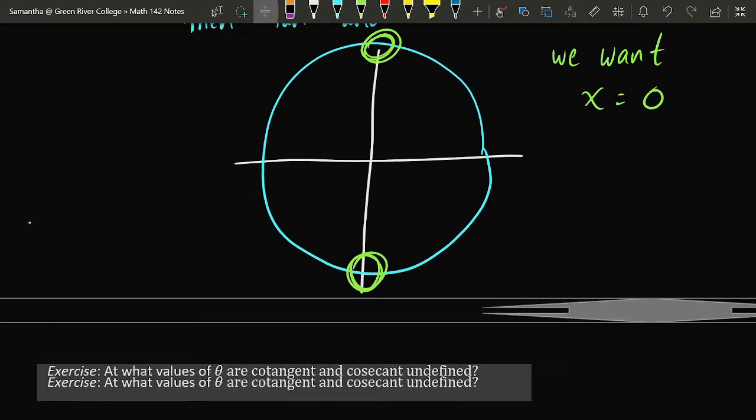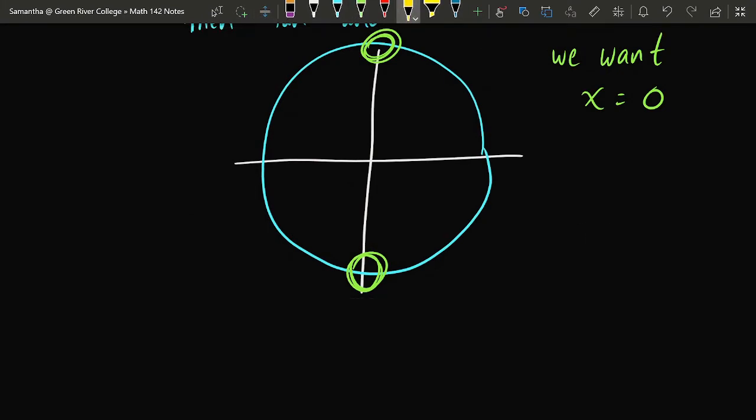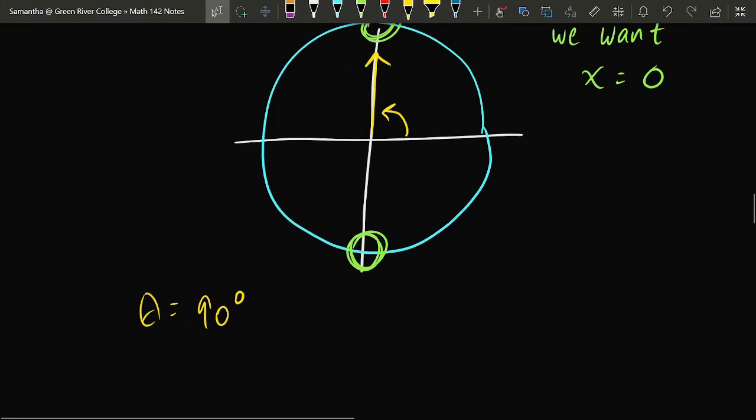So just having a look at the picture, I can identify 2 angles that will lead to these 2 locations, and one is a counterclockwise rotation of 1/4 of a full spin, or in other words, 90 degrees. That will bring us to the location at the top of the circle where x is 0. And likewise, if we wanted to go to the bottom where x is 0, then we would end up with theta equals negative 90 degrees.